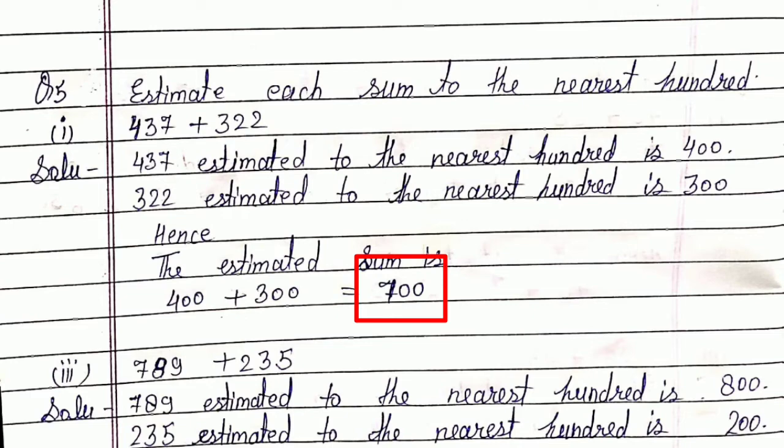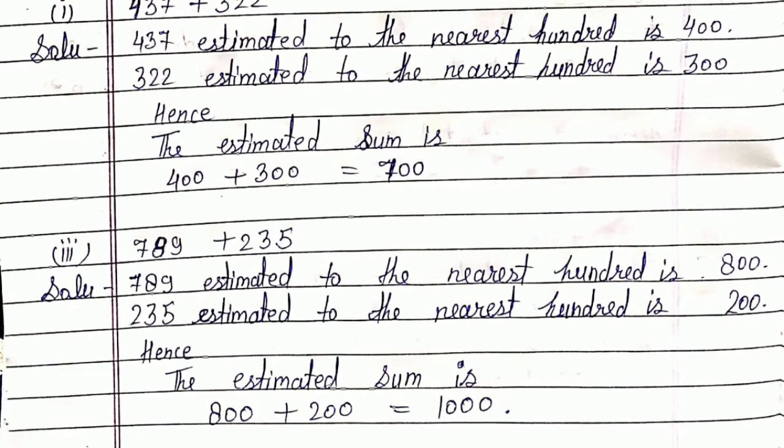Now see the next part. Part number 3. 789 plus 235. For solving this, we estimate 789 to the nearest 100, that is 800, because here 8 is greater than 5, so we add 1 to the rounding place, that is 7.